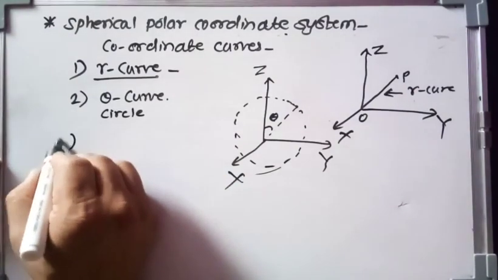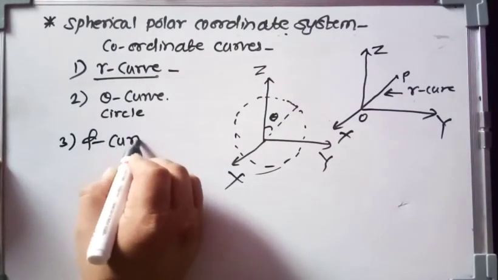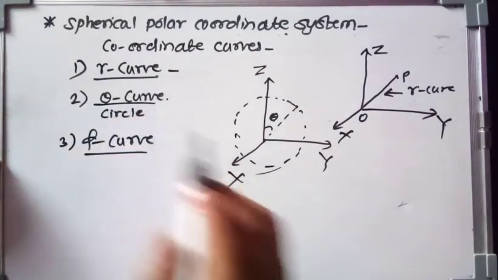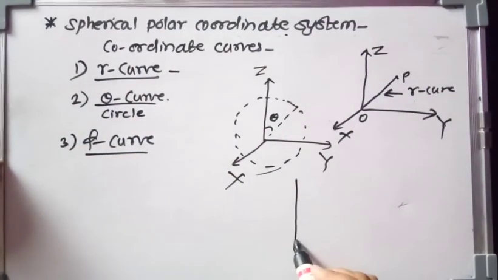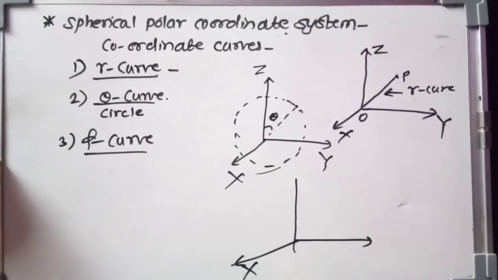And third one is phi curve. How can you draw phi curve? Draw Cartesian coordinate system.